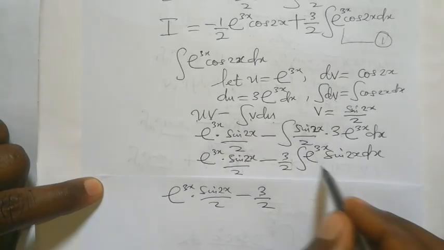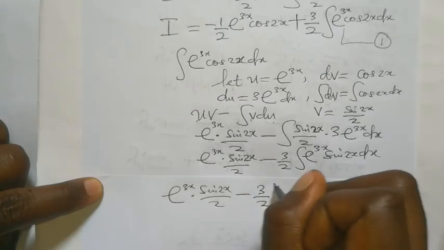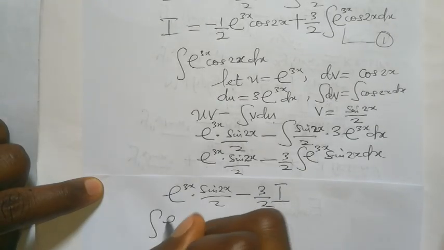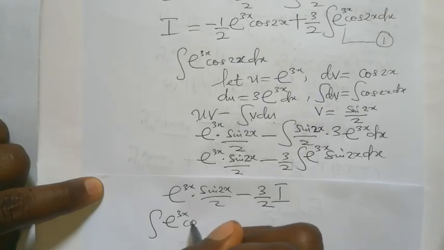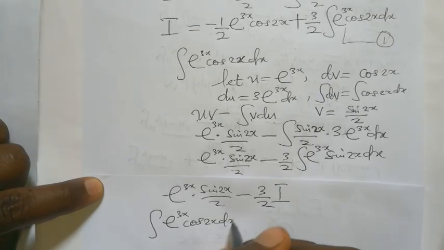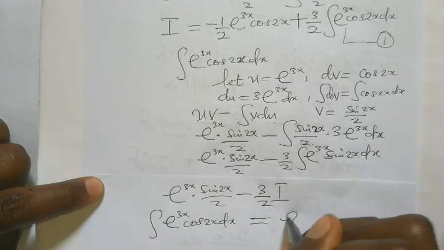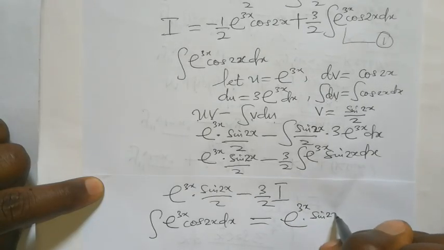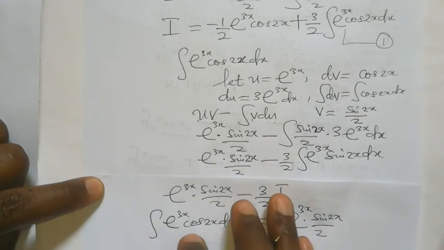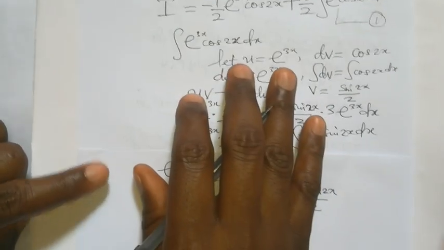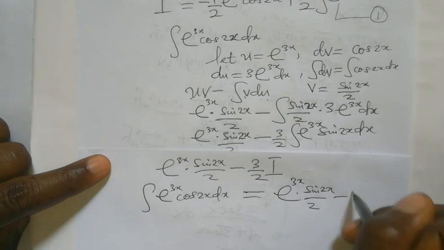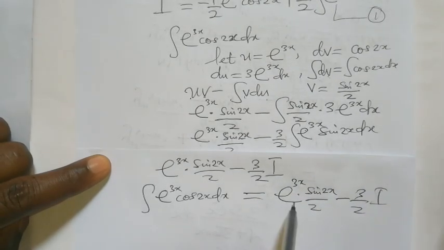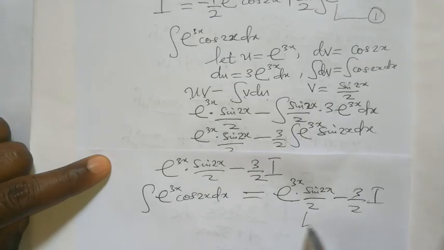Since everything here we said let it be I, here we are going to have I. So in that case, the integral of e to the power of 3x cos 2x dx is now going to be e to the power of 3x sine 2x all over 2 minus 3 over 2 I.